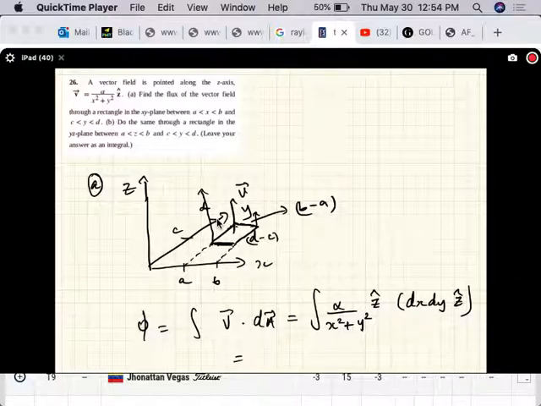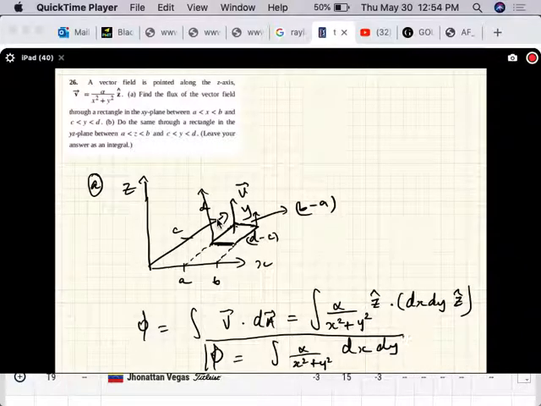All right, so z hat dot z hat is 1, so this integral is alpha over x squared plus y squared dx dy. That's the flux. That's the flux through this surface for that vector field. Okay?